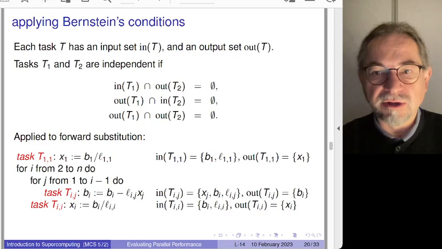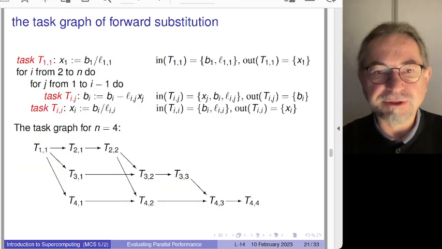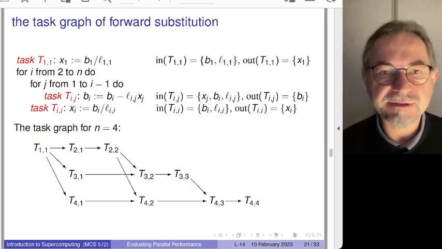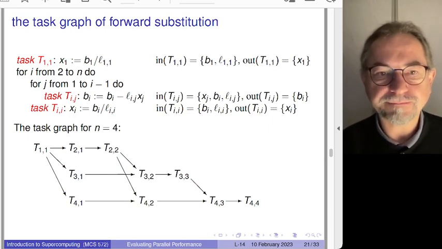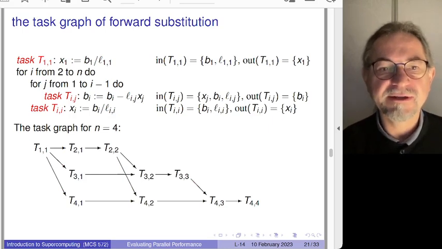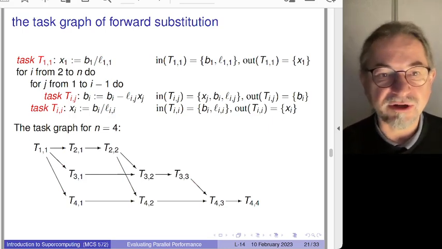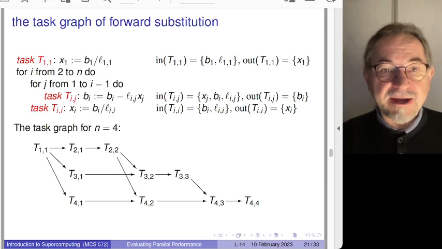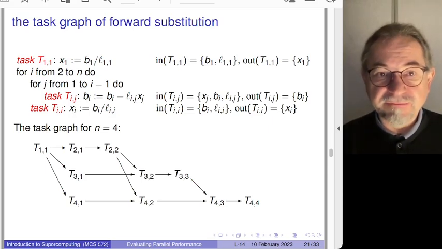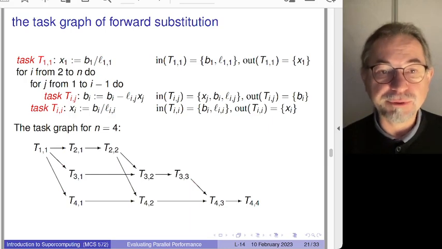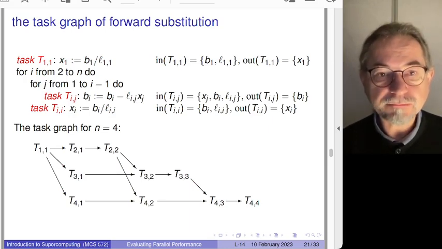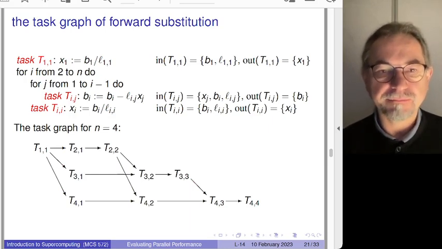Okay, why is that now useful? Well, the picture illustrates this. We can think about the general algorithm, but the general algorithm is best explained with the task graph. So we have the first instruction. Every task is blocked there for the computation of x1. Then we update B1.